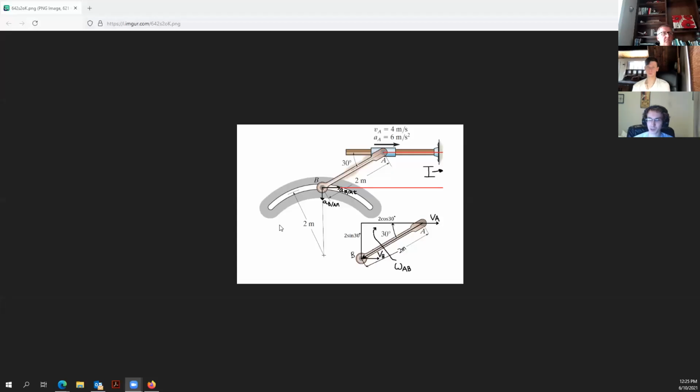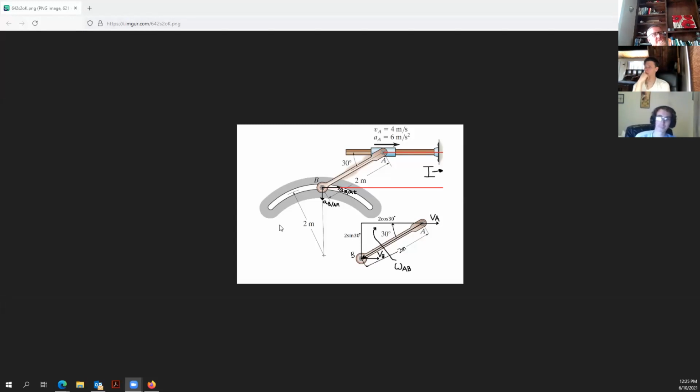When you think about it, in a lot of ways this is a really simple problem, because when you have to run through it, it makes sense that the velocity of B has to be the same as the velocity at A, at the top of the arc there.